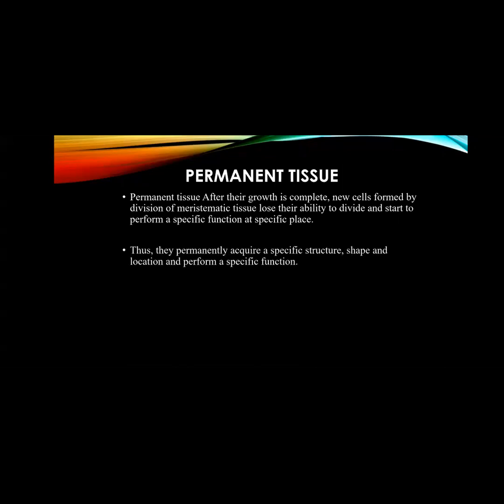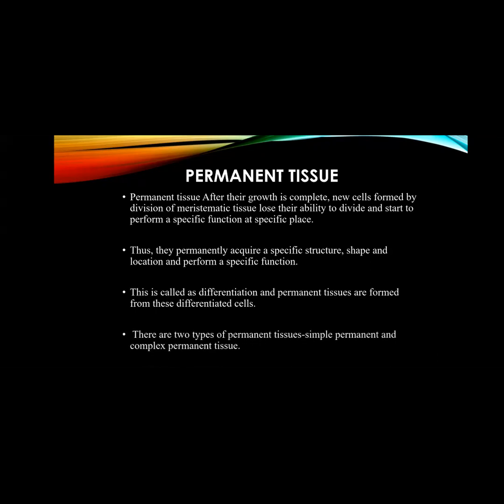Thus, they permanently acquire a specific structure, shape, and location and perform a specific function. This is called differentiation, and permanent tissues are formed from these differentiated cells. There are two types of permanent tissues: simple permanent tissue and complex permanent tissue.